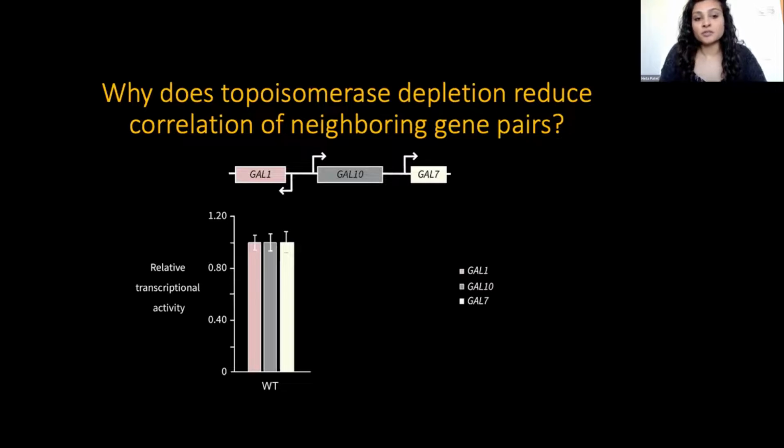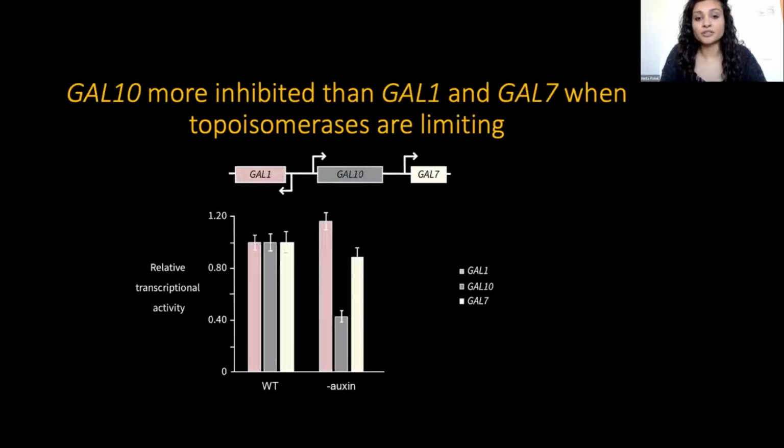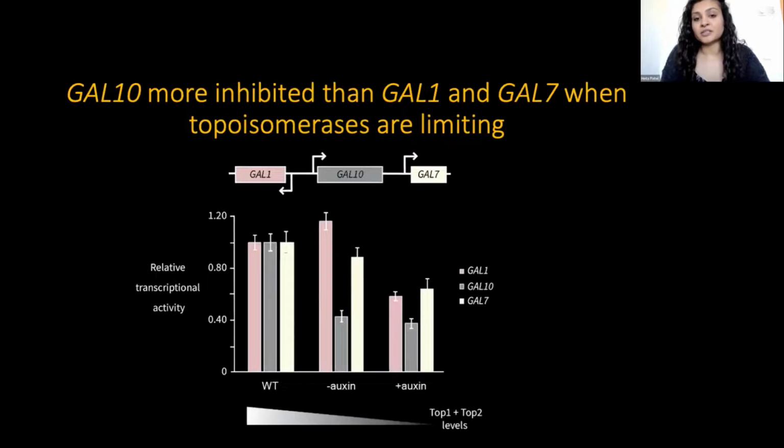So we looked at the relative transcriptional activity, or in other words, the expression levels of the three genes. And we observed that in partially depleted conditions, the middle gene GAL10 is significantly more inhibited than the flanking genes GAL1 and GAL7. And in fully depleted conditions, the transcriptional activity of all three genes is decreased, with GAL10 still being the most inhibited.